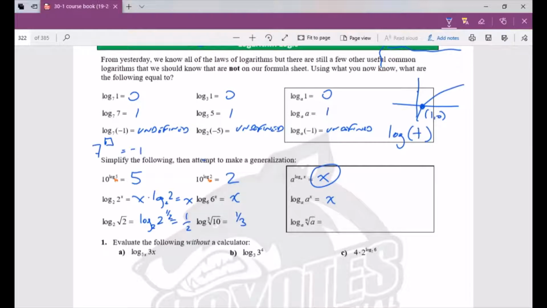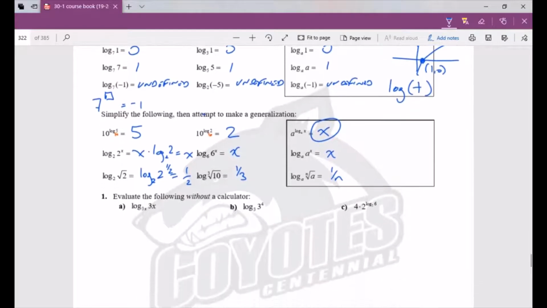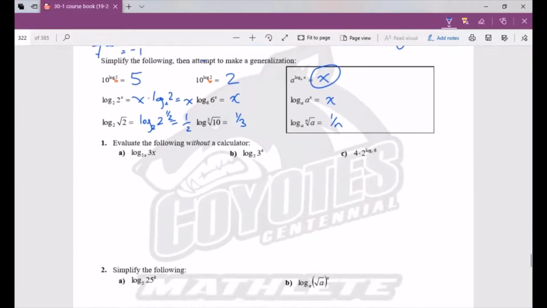We bring that 1/3 down front times log 10 base 10, which is just 1. So the logarithm of a to the nth root of a is 1 over n, because converting it to an exponent, that's what it'll be as a power on a, and using your power law, that's how it simplifies. So question number 1.